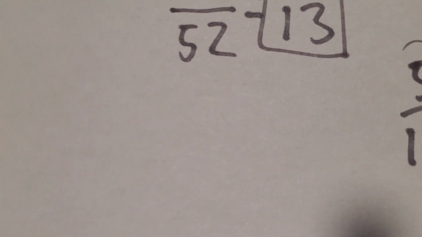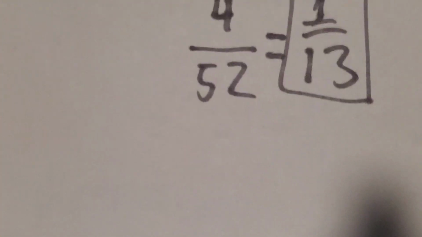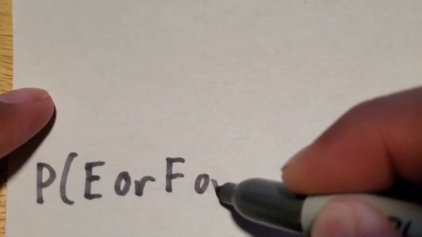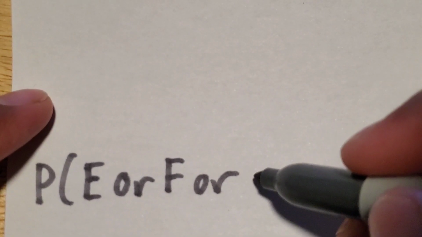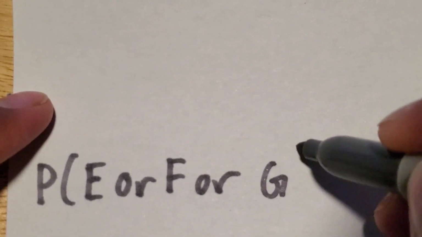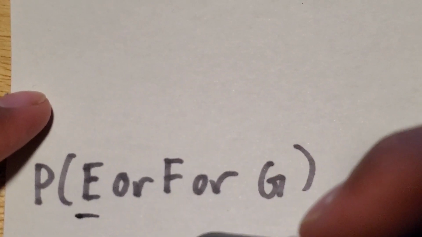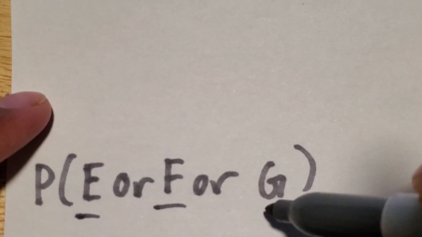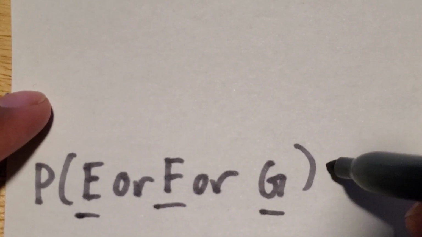Well, we just did the probability of getting a king, which we saw was 4/52. We're trying to find the probability of event E or event F or event G. And E was just drawing a king, F was drawing a queen, and G is drawing a jack.